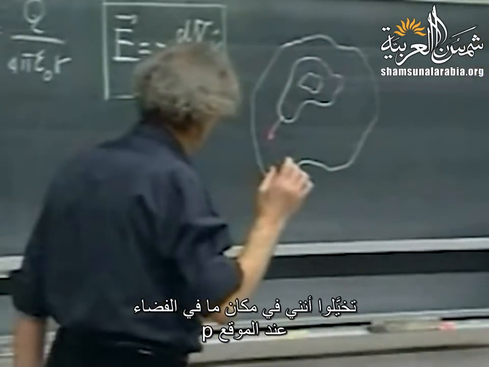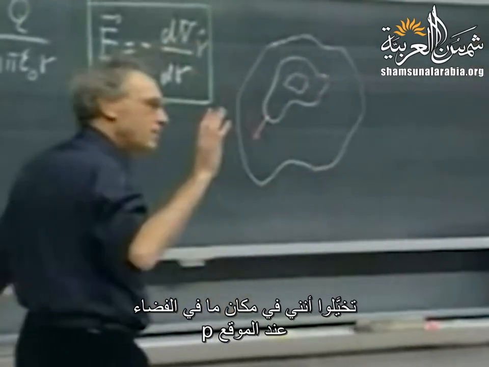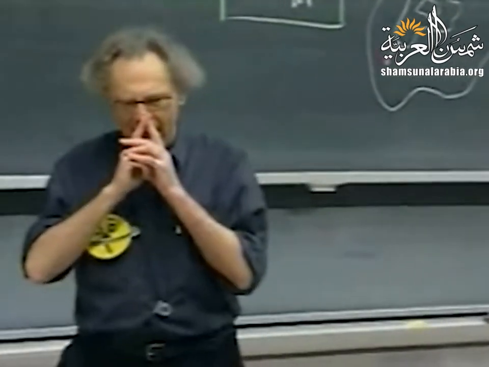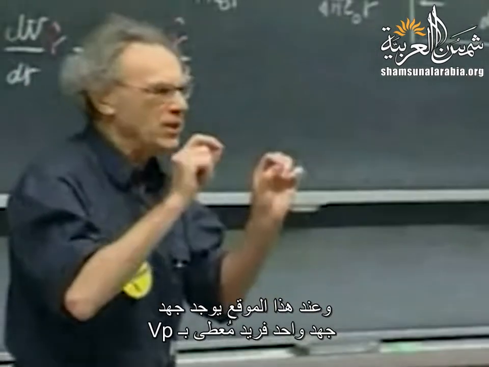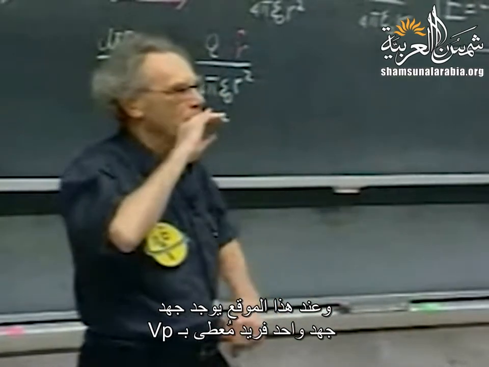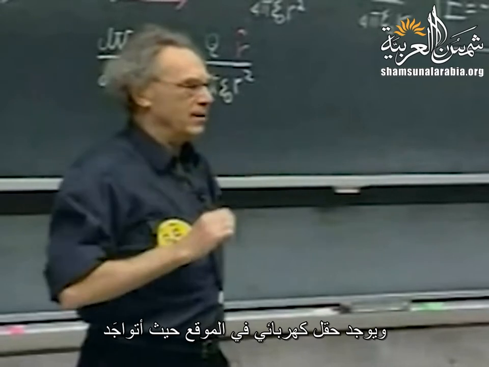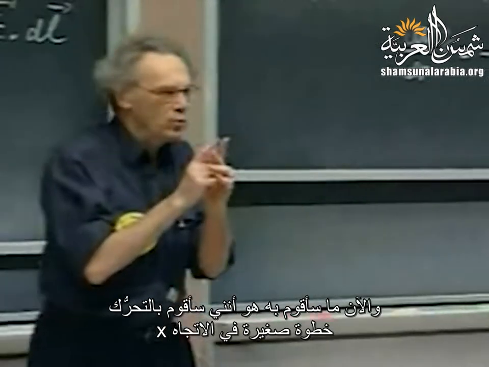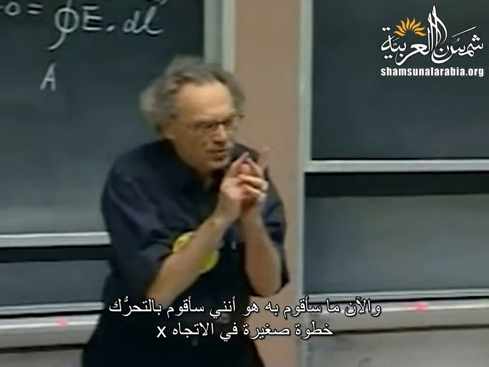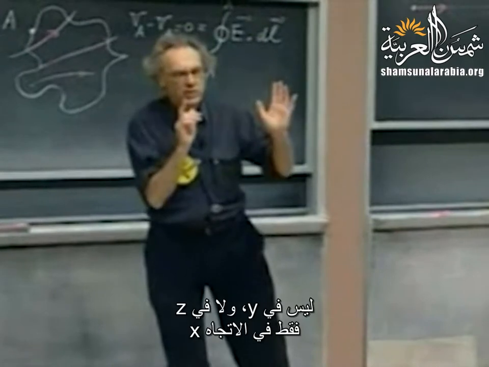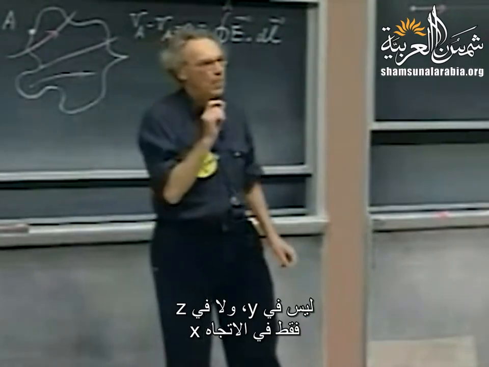So imagine that I am somewhere in space at position P. At that position P, there is a potential, one unique potential, V of P. That's a given. And there is an electric field at that location where I am. And now I'm going to make an extremely small step only in the x direction. Not in y, not in z, only in the x direction.